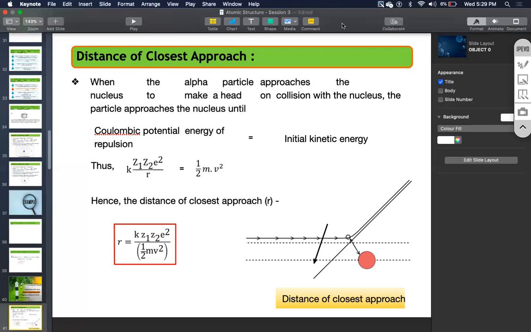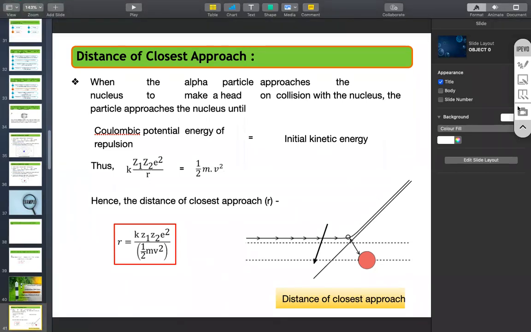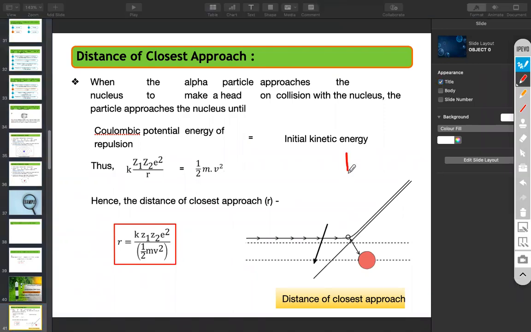I'm saying if you bombard a helium-2 plus ion towards the gold foil, let's say this is the helium-2 plus and this is the gold foil. There is a nucleus, so I will represent the nucleus like this; let's say it has some radius.